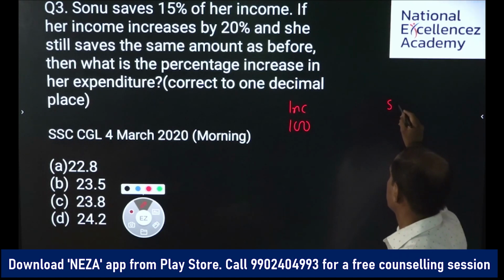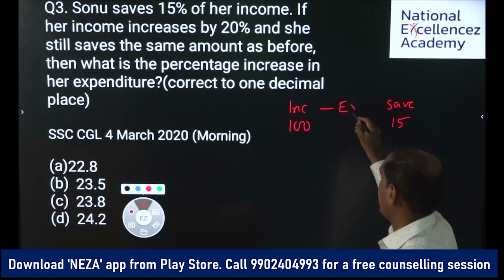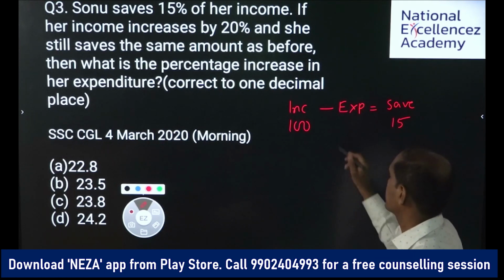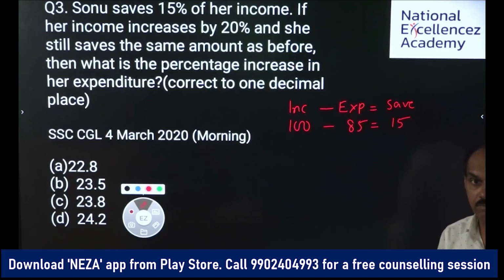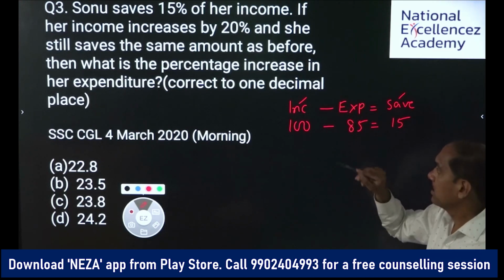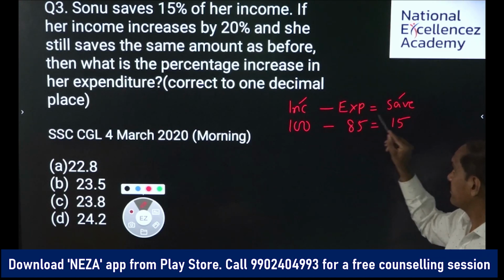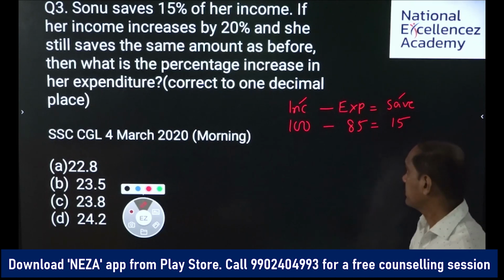Savings is 15 rupees, meaning she must spend how much? 85. Only then you can think of saving 15 rupees. He is giving us the relationship between income and savings. If 100 rupees is her income, 15 rupees will be her savings.